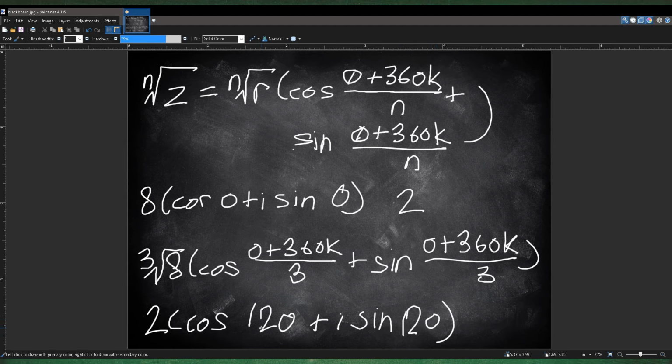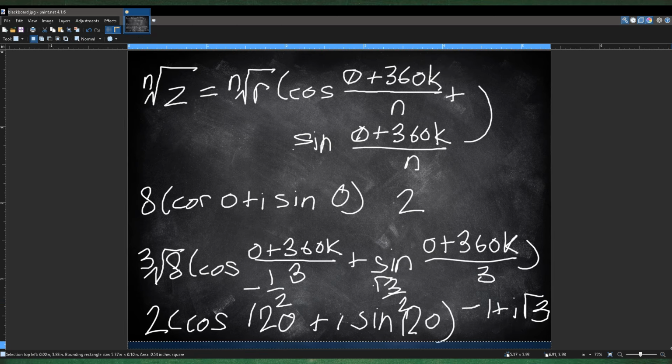Cosine of 120 degrees would be negative 1/2, and sine of 120 degrees would be square root 3 over 2. So 2 times negative 1/2 is negative 1, plus i square root 3, because 2 times square root 3 over 2 is square root 3. So that's the second answer.